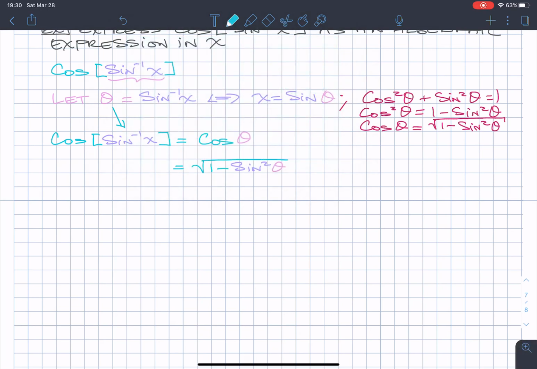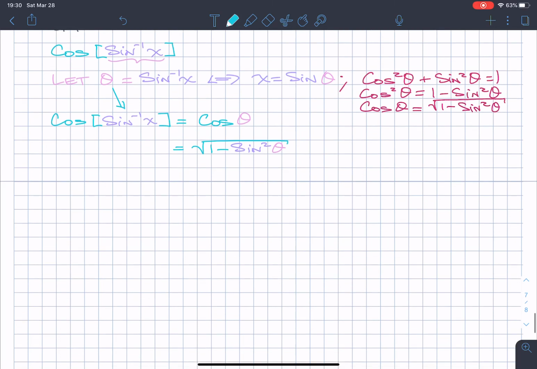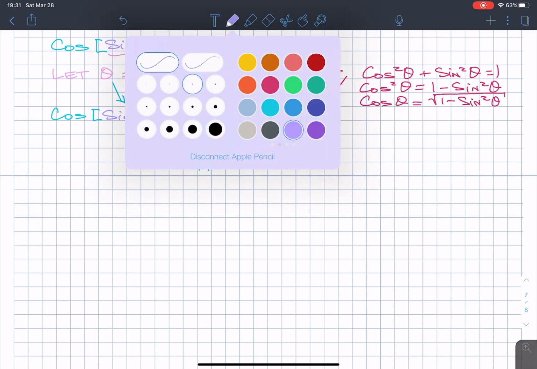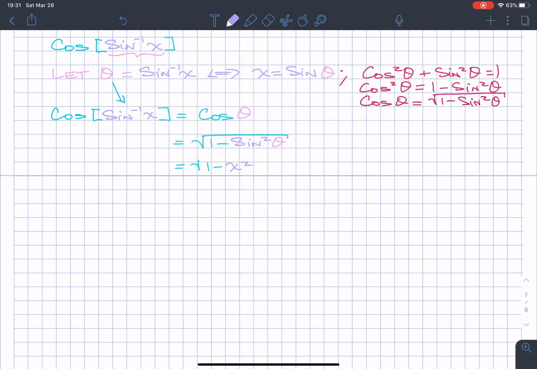Okay, but sine of theta is x, so I can rewrite this as the square root of 1 minus x squared. And now I have no trig functions, and this is an algebraic expression solely in x.